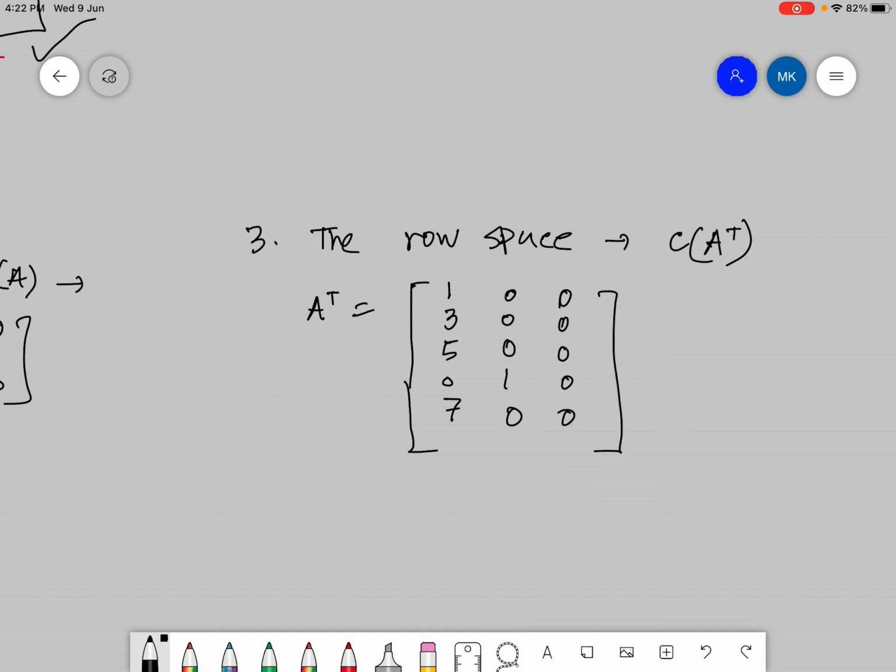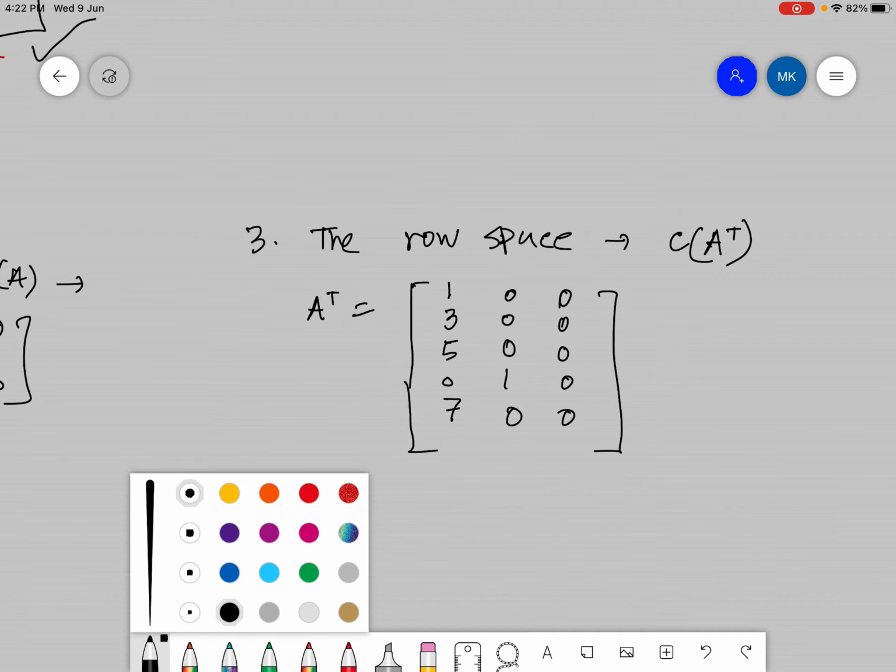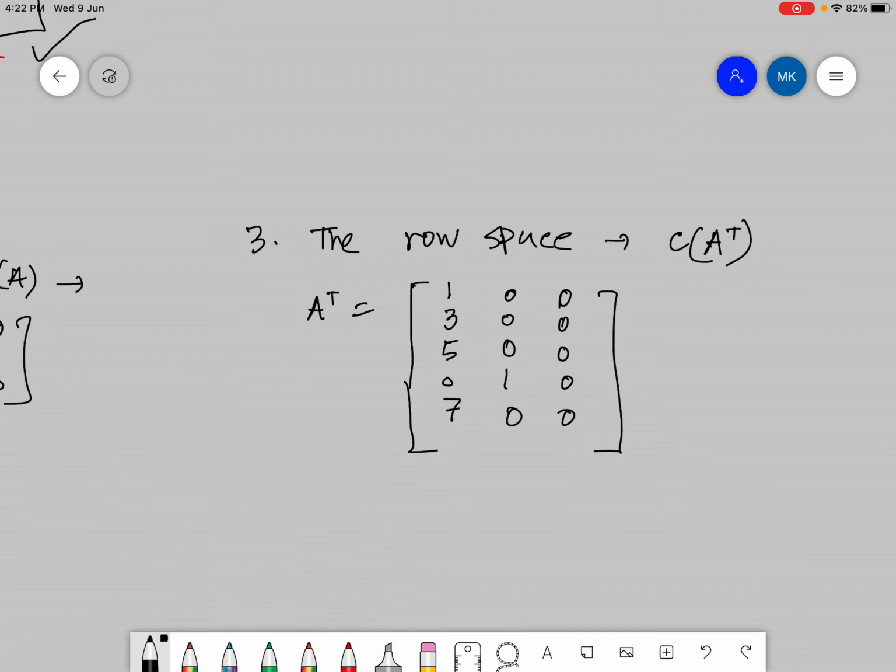So from this you can see what the rank is here. The rank here is 2, as we got 2 pivot columns here, but this is not a pivot column, these are all zeros here. So the rank here is 2. So what would be the dimension of the row space?